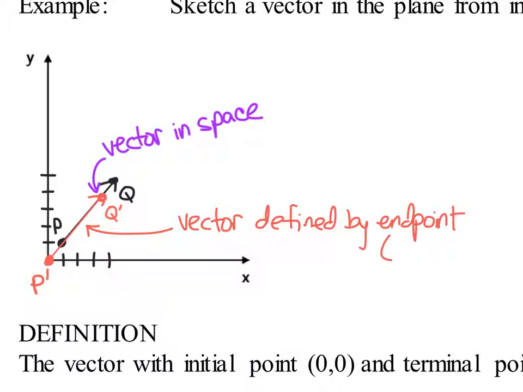All right, and that endpoint, if we dial it back, originally it was 4, 5. Dial it back 1, or down 1 and back 1. Instead of 4, 5, it'll be 3, 4. So then that becomes, in vector notation, the triangular brackets 3, 4.